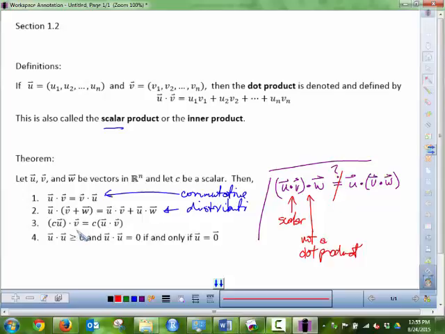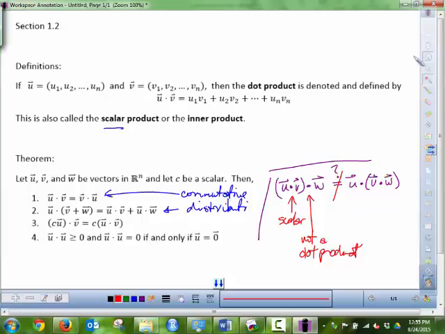Well, the vectors here, u, v, and w are all vectors in the same dimension. So you can only take the dot product of vectors in the same dimension. Or for that matter, you can add, subtract, and all that stuff if they're all in the same dimension. Okay? Anything else?